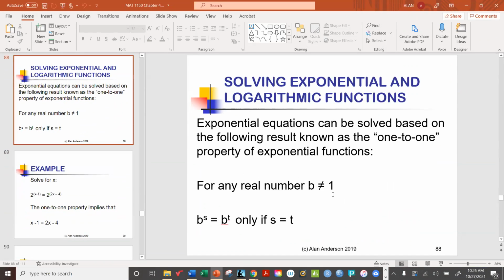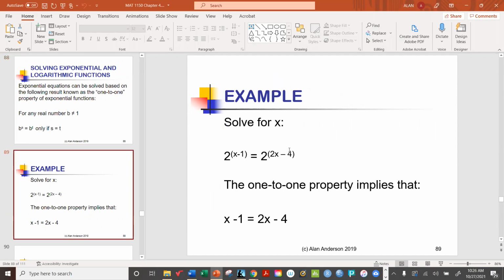Here it is. For any real number, we know that if you have exponents with a common base, for example, if you had something like this, a base of 2, and the exponents are x minus 1 and 2x minus 4, you can just set them equal to each other.